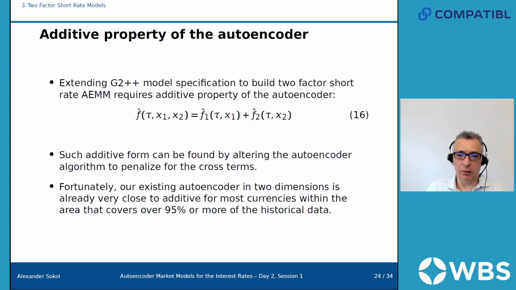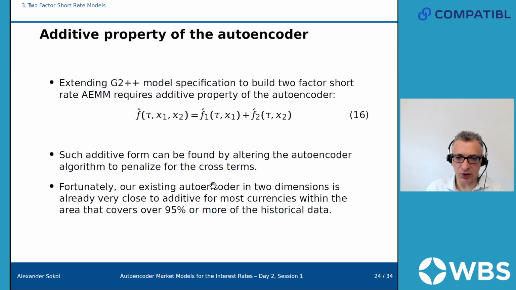Major axis plus minor axis was the dashed line, and the diagonal was a solid line, and in most cases they almost overlap. So the autoencoder that we naturally get by optimizing the regular loss function already has pretty small cross terms, so we're not going to worry about it.